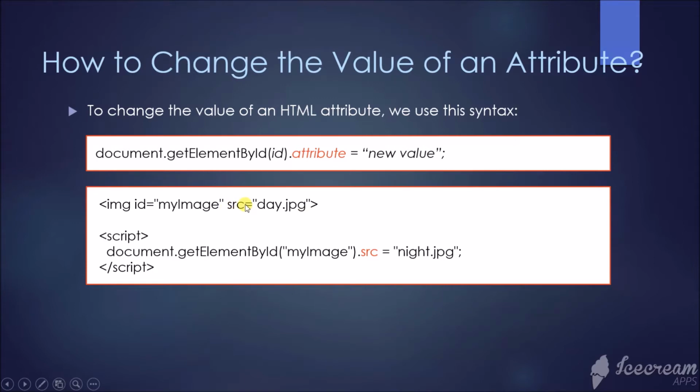We have here yung source attribute at saka yung ID. So basically yung ID gagamitin natin para ma-select yung specific element na yan. So in our JavaScript code, we use document.getElementById, then the ID which is myImage, then the src attribute. Okay? Then from day.jpg, we change it to night.jpeg. Okay? So let's try that one.